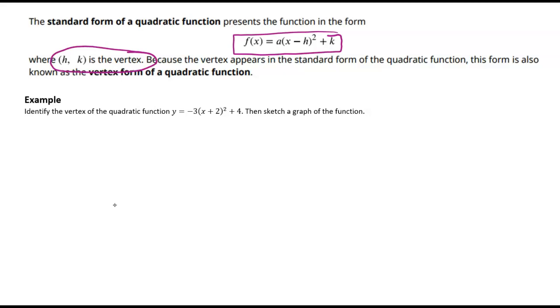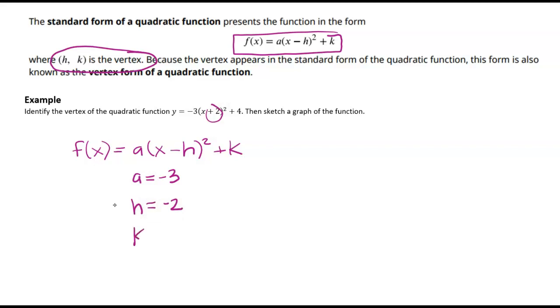If I look at the vertex form written above and copy it down, I then notice that a is equal to -3. h must be equal to -2 in order for there to be a positive on the inside, and k must be equal to 4. Therefore, my vertex is located at the point (-2, 4).